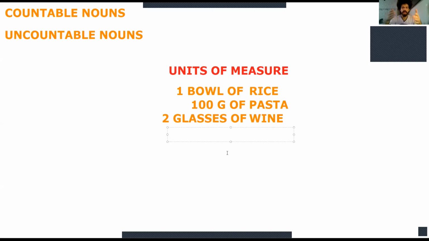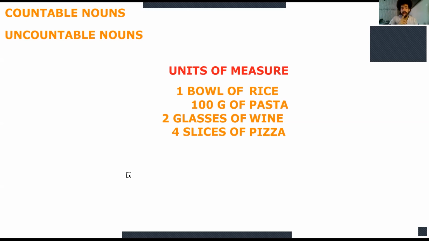Normally for things that are cut like that, we say slices of pizza. So we use these units of measure when we have uncountable nouns. Bowl, grams, glasses, slices, and we have a ton of other units of measure for us to use with uncountable nouns.